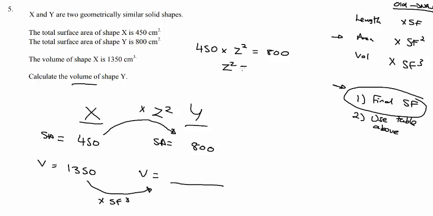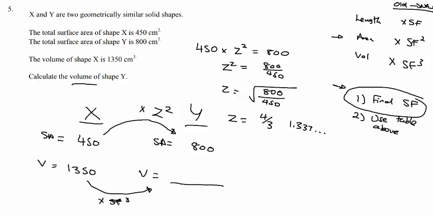So we get Z squared equals 800 over 450, and now if we just square root it, we actually find the scale factor. Sorry, I'm just not a multitasker. And this is 4 over 3, or 1.33333.